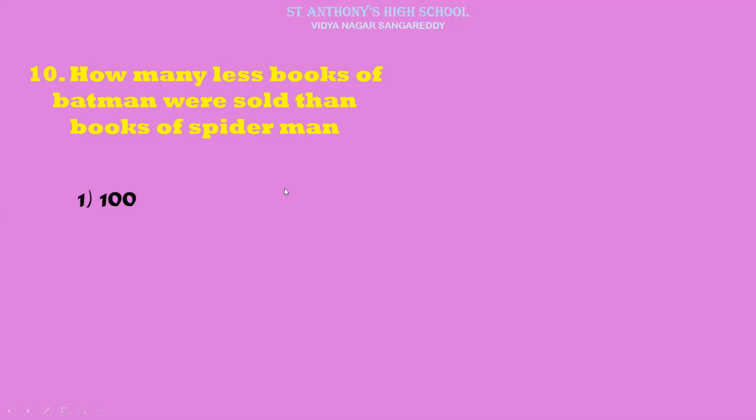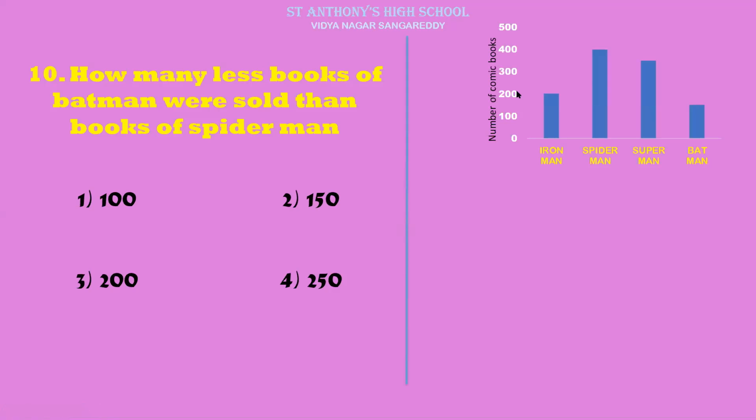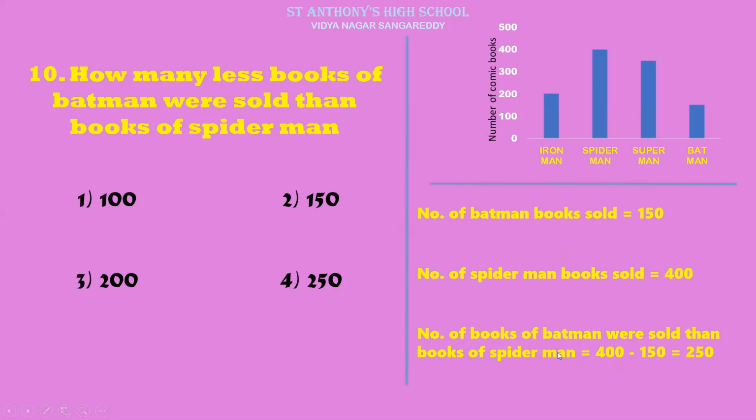The options are 100, 150, 200, 250. Let's have a look at the bar graph. What about the solution? The number of Batman books is 150 and Spider-Man books is 400. What is the required answer here?